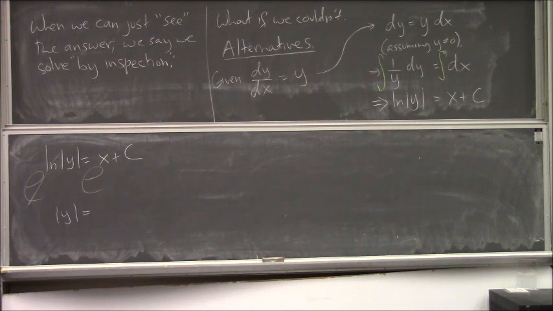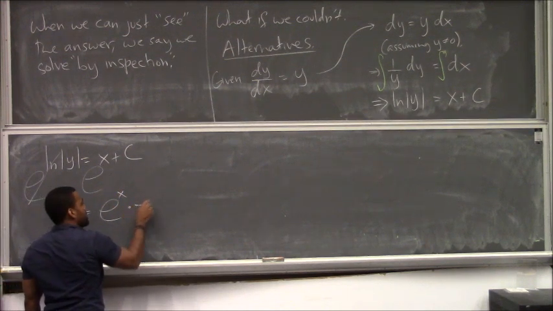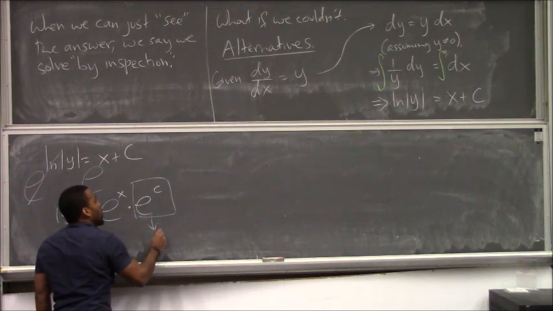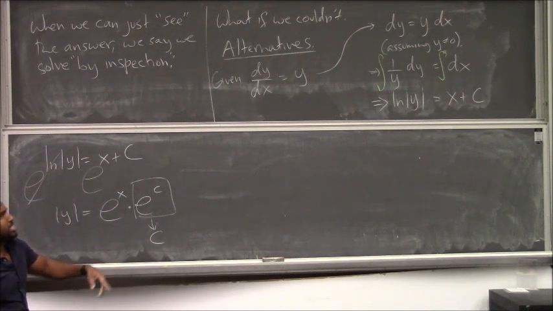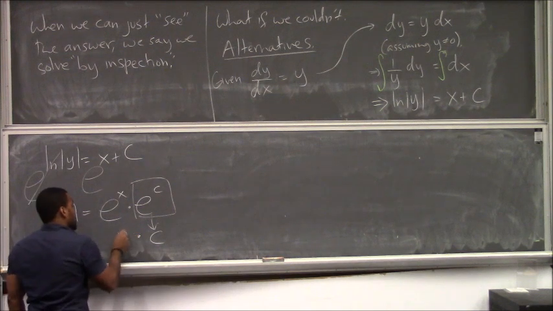Anyone see how? e to the x plus c is e to the x times e to the c. Laws of exponents, way back in algebra class. And this thing, I just call it a c. Technically, this is a c1 and a c2, and that's a c. I don't care. At the end of the day, it's just a constant.